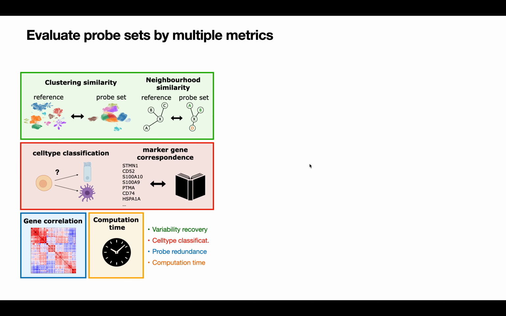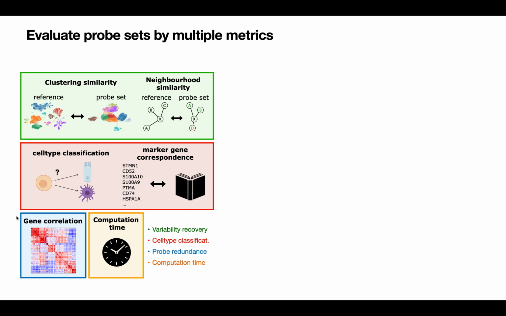We've built up an evaluation suite that evaluates a selected gene set, and we have as a first metric this general variability recovery metrics. Then as a second objective, we measure how well we are able to distinguish cell types, or classify them.